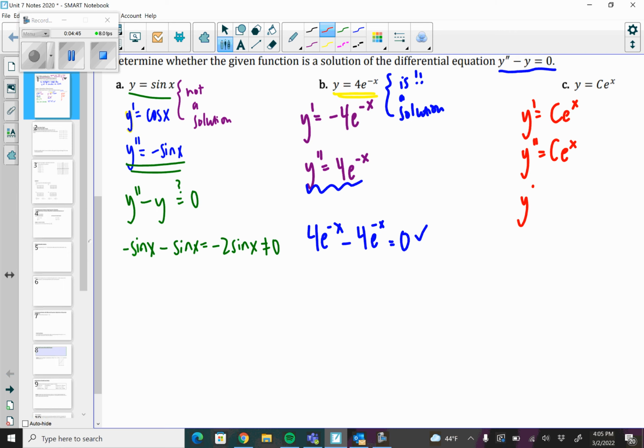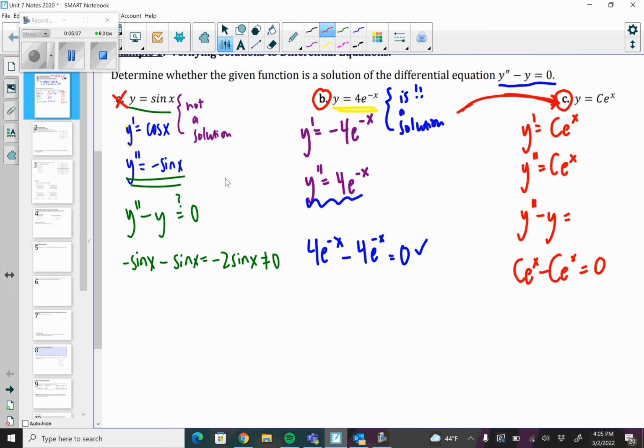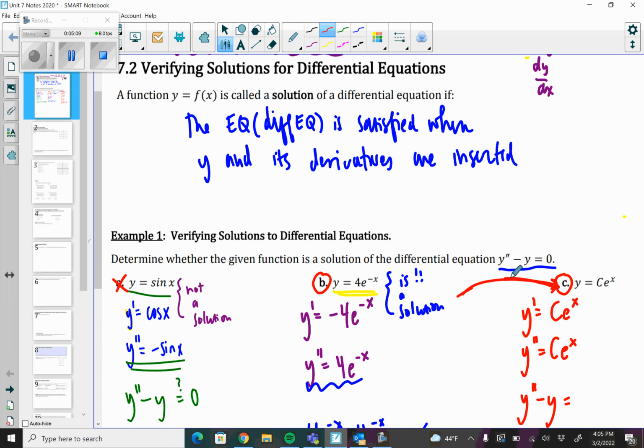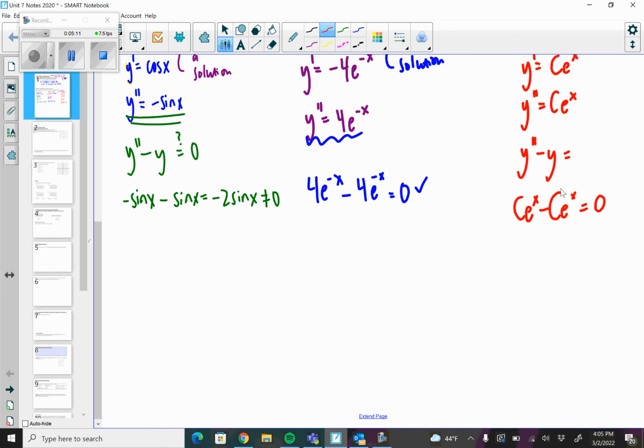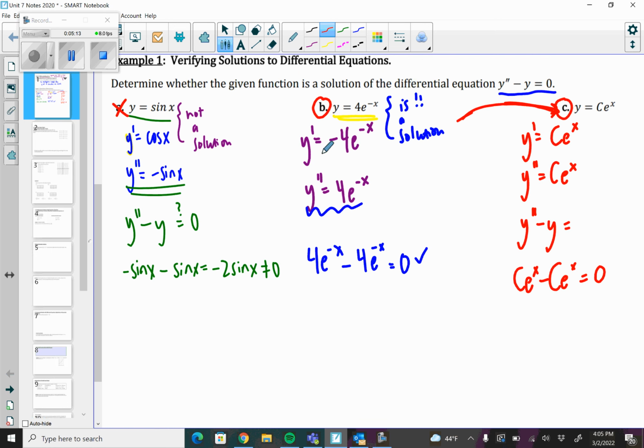That means when I take y double prime minus y, in this case, c e to the x minus c e to the x, I do indeed get 0, which means this is also a solution to this differential equation. So in Problem number 1, A is not a solution, but B and C are solutions to the differential equation y double prime minus y is equal to 0.